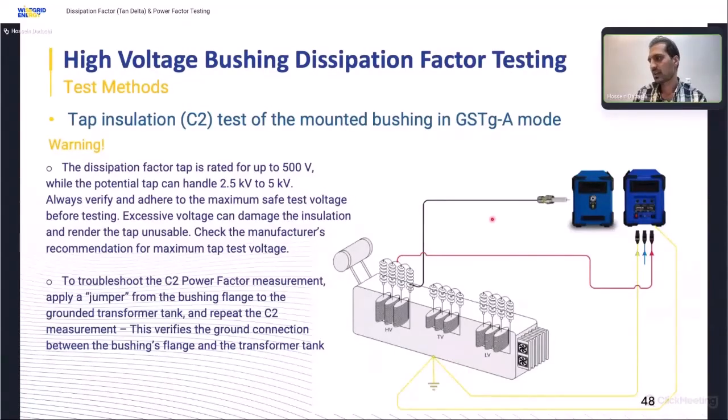Especially when the bushing flange ground connection has a problem, we measure a higher value of dissipation factor for C1. And in such cases, we need to measure C2 to find out what the problem is. Or our test tap connection sometimes has a problem, and in such cases, we need to apply voltage from the test tap, measure C1 and C2 again, and double check our previous measurements.